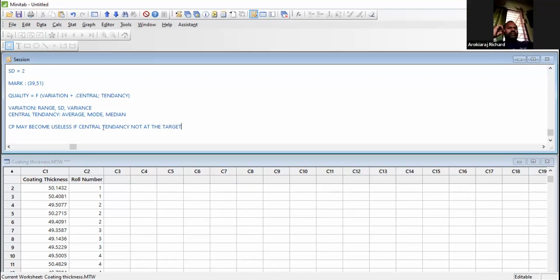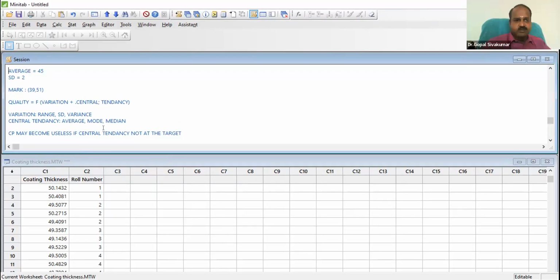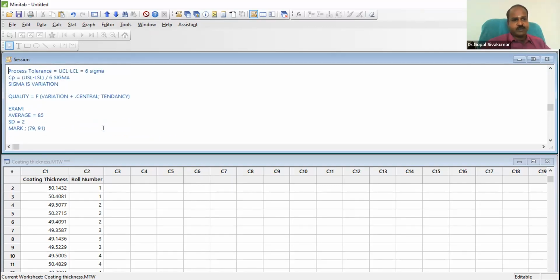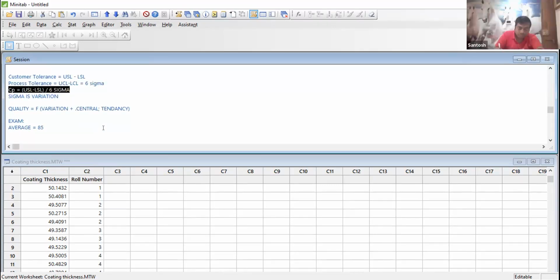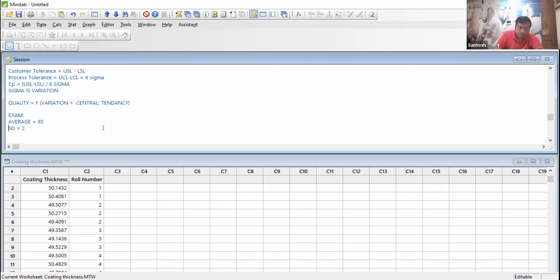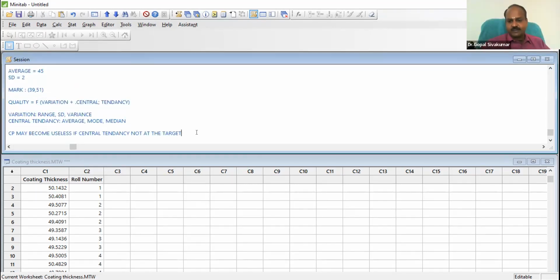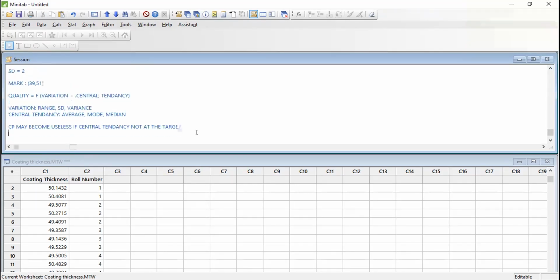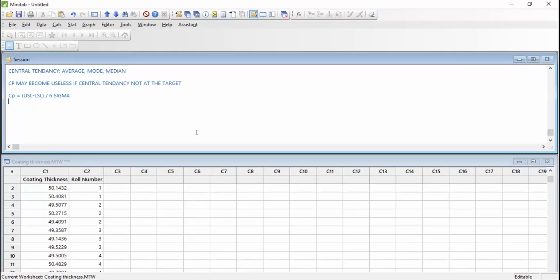Why? Because if you look at the formula of CP, what is there in the formula? Only variation is there. Am I right? Yes. Only variation, no central tendency. That is why we require one more metric called CPK.